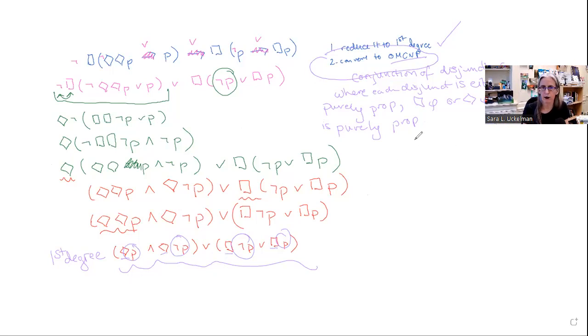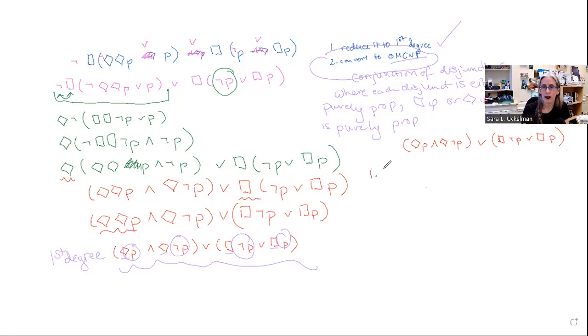So I'm just going to bring the formula over here so we've got it nicely written up. We've got possibly P and possibly not P, or necessarily not P, or necessarily P. So what we are doing is we are going to be taking this bit and distributing it over the two conjuncts that we have in the other disjunction.